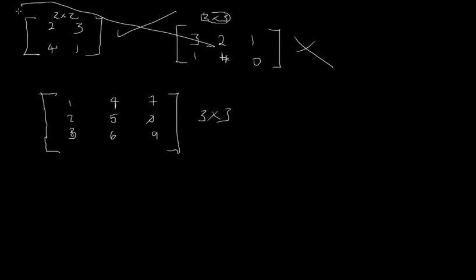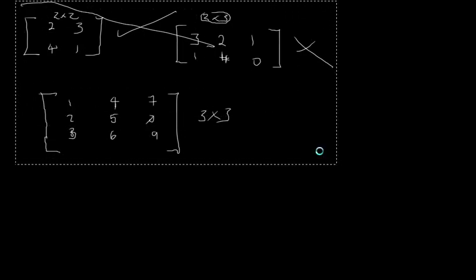So now we can look at what an identity matrix is. An identity matrix is simply a square matrix that has only 2 different numbers in it. So it has zeros and it has ones.